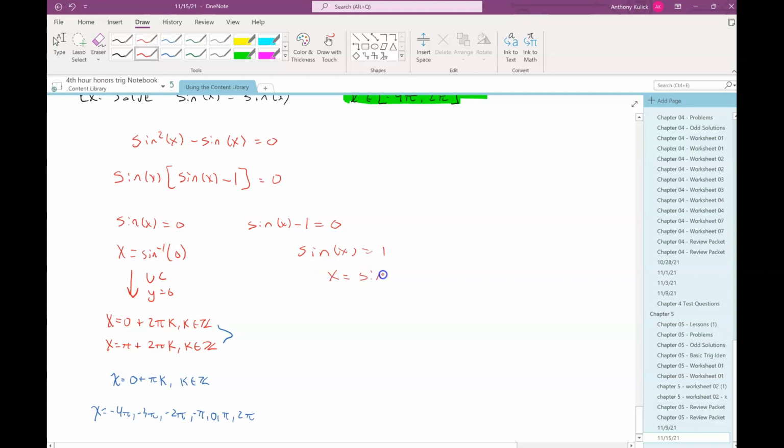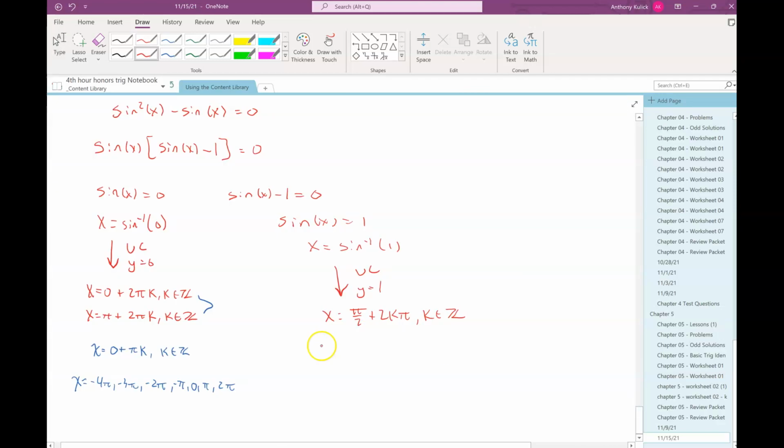So then I have to deal with the other half here. Again, we'll go to where on the unit circle y is equal to 1. That happens at pi over 2. So what do we get here? We have pi over 2.